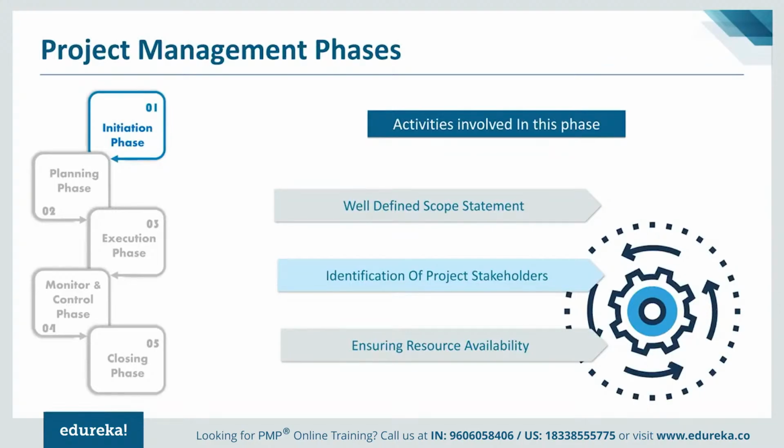So as you can see on the screen, the first thing is, of course, well-defined scope statement. As a part of the initiation phase, we need to first understand what am I supposed to be working on. So if you are working on a project wherein you are producing some IT product, and that IT product is, let's say, for digitizing the customer experience.